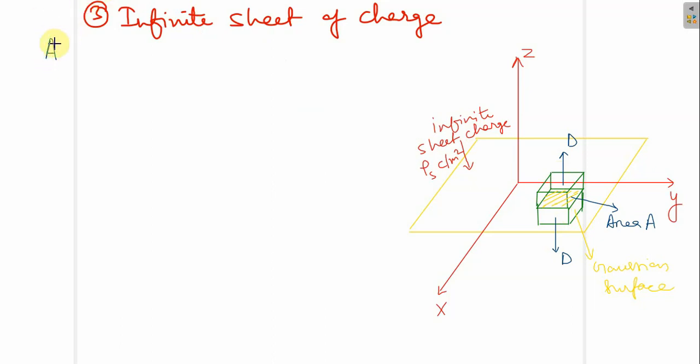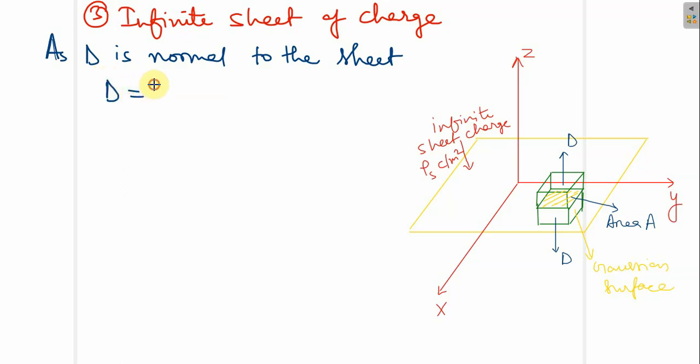As D is acting normal to the sheet, okay, D is acting along which direction? Z direction. So we can write D equals Dz az.